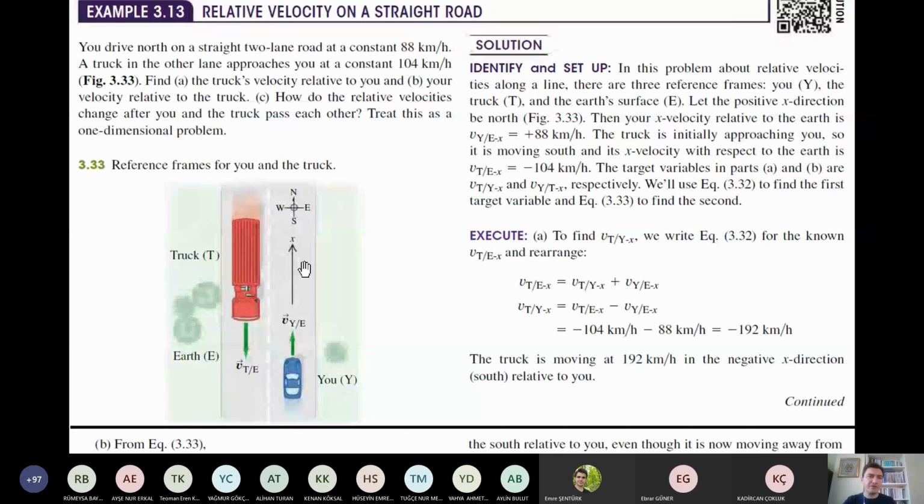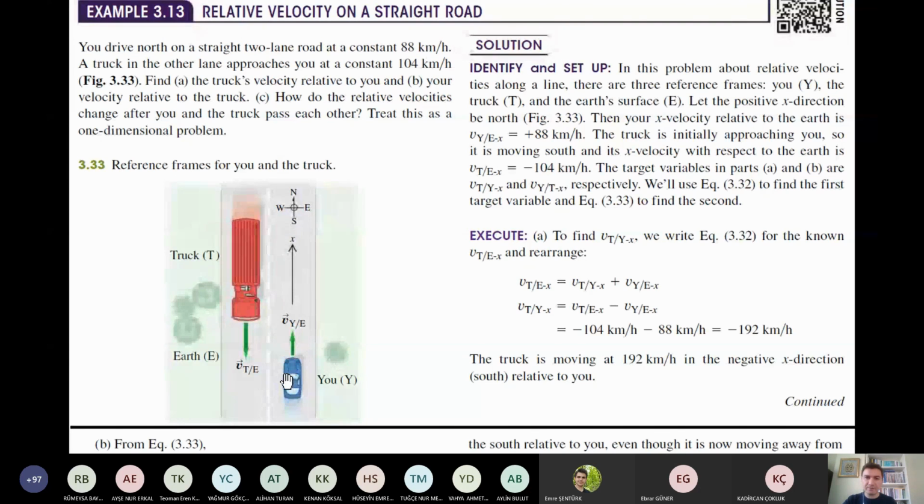Very simple question. So this is the velocity of you relative to Earth. This is the velocity of the truck relative to Earth, okay? But we are dealing with the velocity of the truck relative to you and the velocity of you relative to the truck.